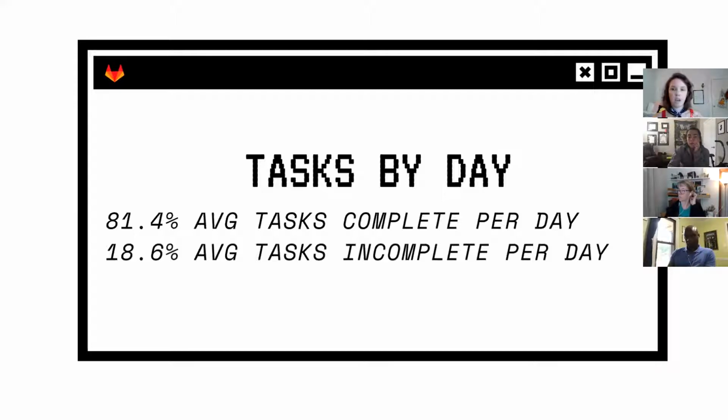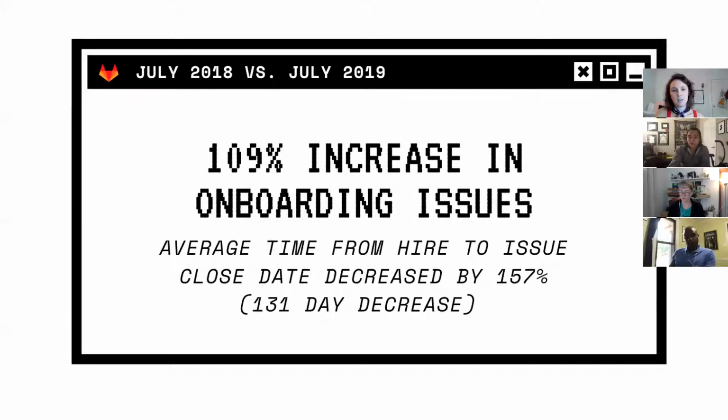Because I know the onboarding tasks per day have changed, it's possible that recently opened issues are driving this average up, right? Yes, it's definitely possible, because we have a 109% increase in onboarding issues, July to July.